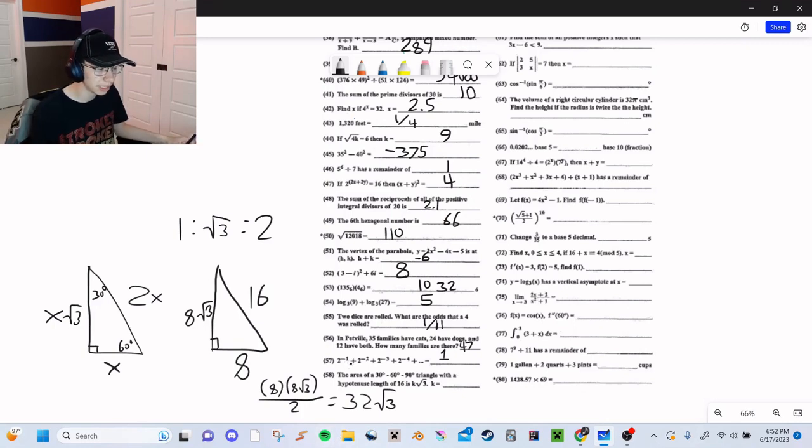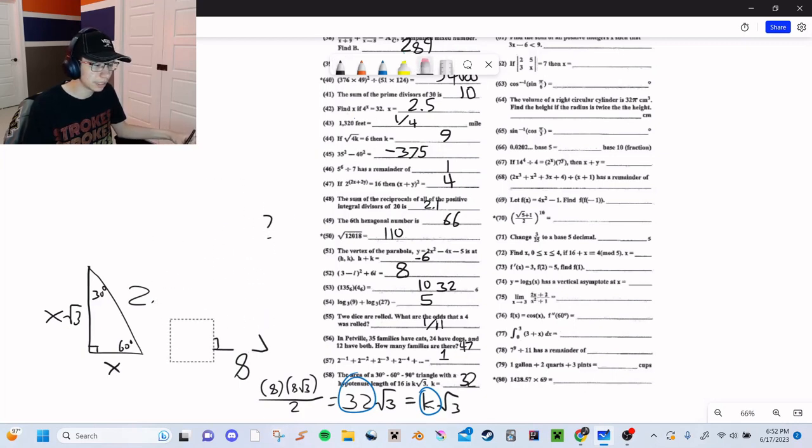The question said that the area, if it's equal to k times root 3, then k is what? So k has to be 32. And so that's our answer. So make sure you know your 30, 60, 90 proportions.